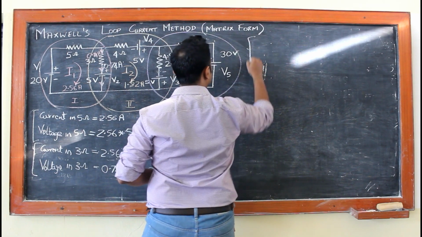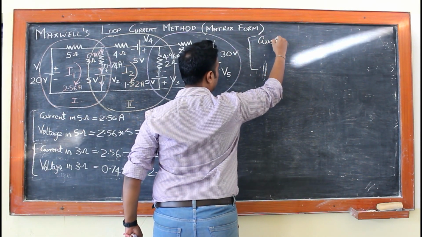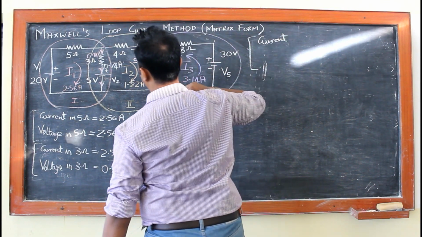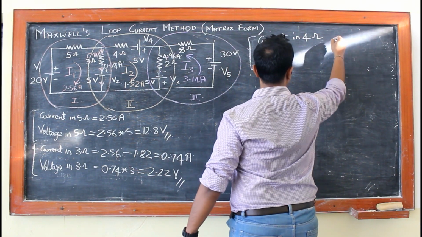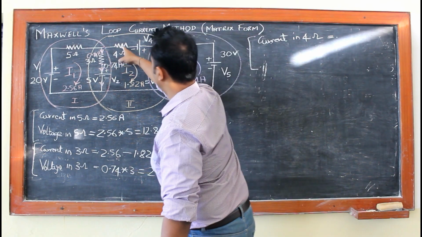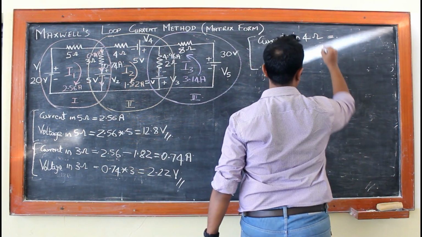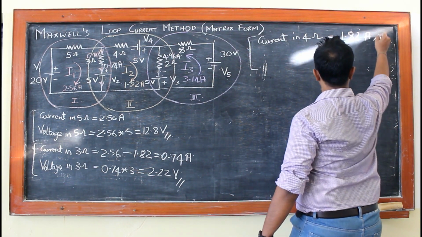For my other case, the 4 ohms, again I'll find out the current in the 4 ohms resistor. Current in the 4 ohms resistor will be equal to I2, which is 1.82 amps.